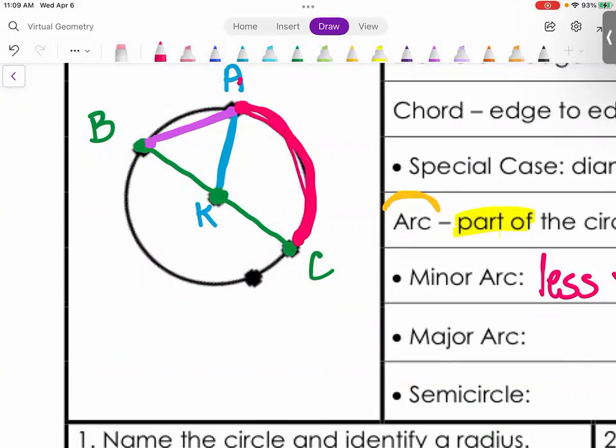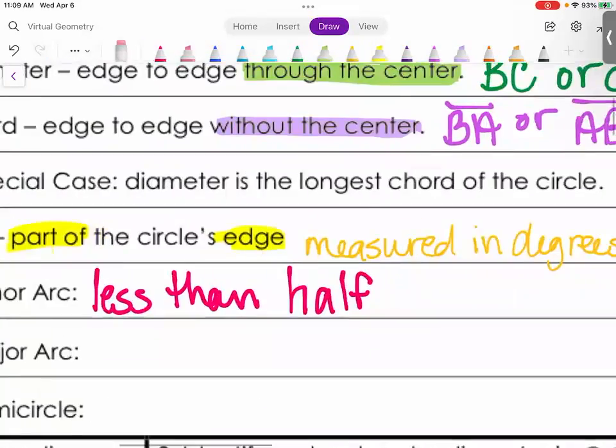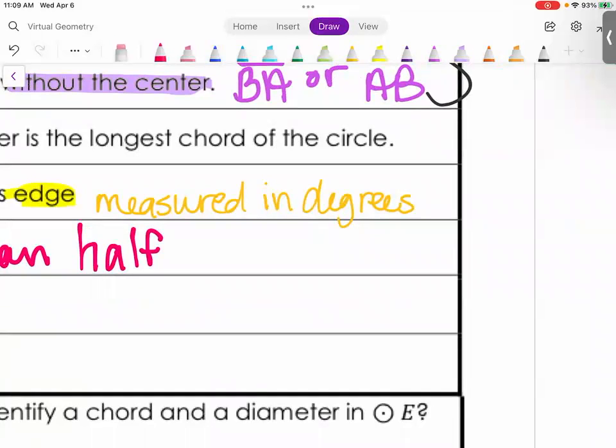I've only gone less than halfway around this circle. And we use the ends to name these minor arcs. So we draw our arc AC. Again, might be reversed, CA.